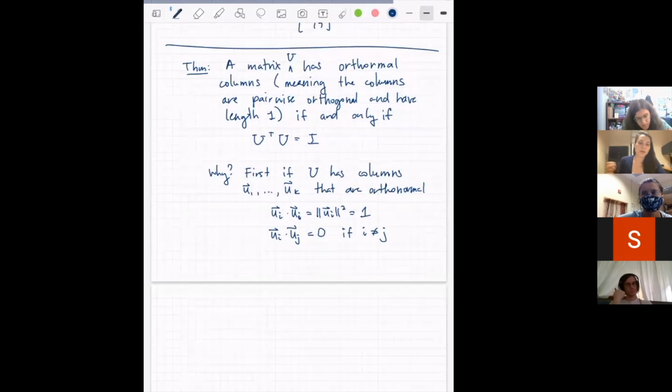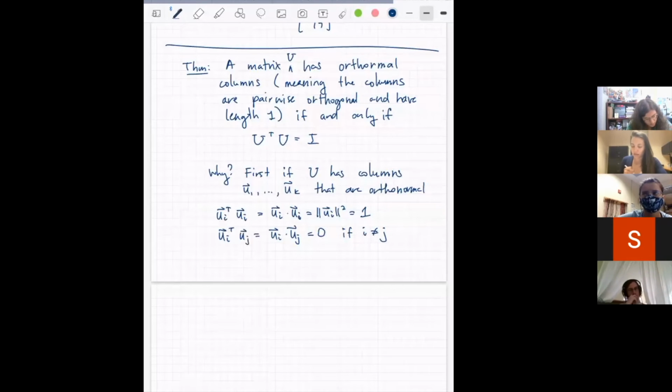And remember, when we were first defining the dot product, we defined it in this way, where we take UI transpose times UI. That was the definition for the dot product, so this would be UI transpose times UJ.